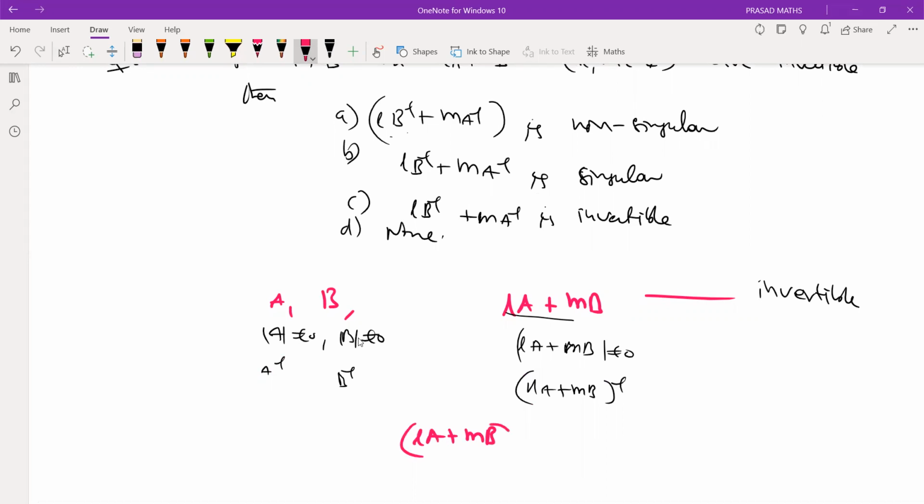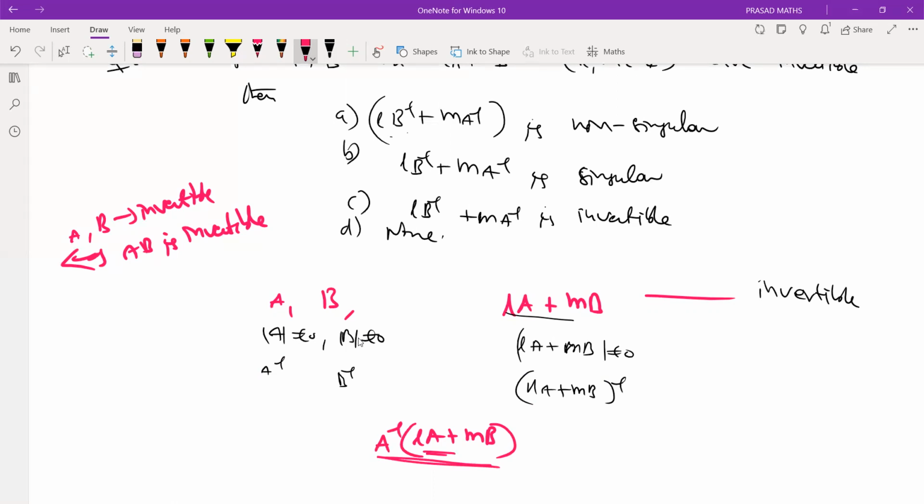Already I told you A is invertible, B is invertible. A product of invertible matrices is invertible. I told you this technique just now. This is actually if and only if. So once LA plus MB is invertible, A inverse into this is also invertible, and similarly this into B inverse is also invertible.